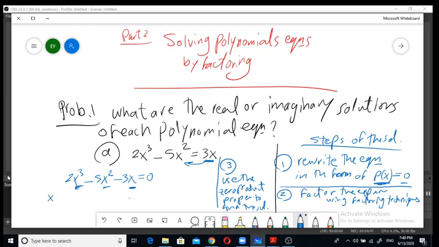So we can factor out x, because we have x with the least degree, which is x power 1, and then multiplied by, divide 2x cubed divided by x, will be 2x squared, minus 5x, 5x squared divided by x will be 5x, minus 3 is equal to 0.